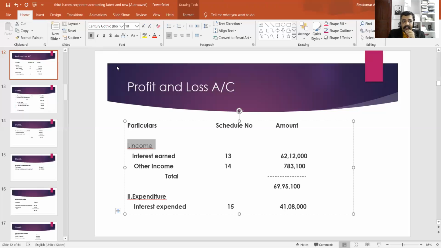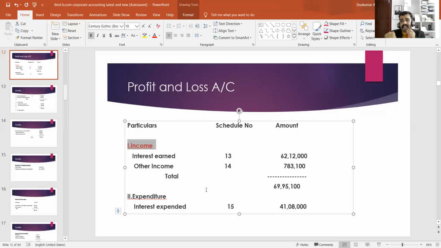Then under the income, there may be 2 different types of income. First income may be interest earned and the second income may be other income. Then please write interest earned. The relevant schedule number attached with interest earned is schedule number 13.